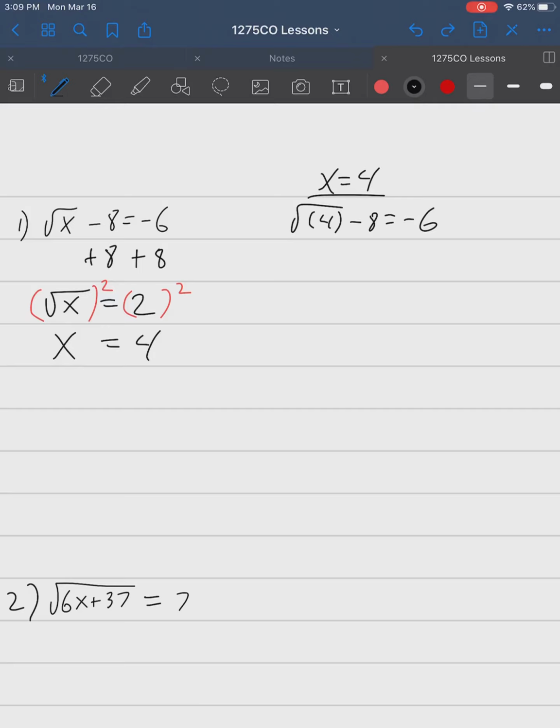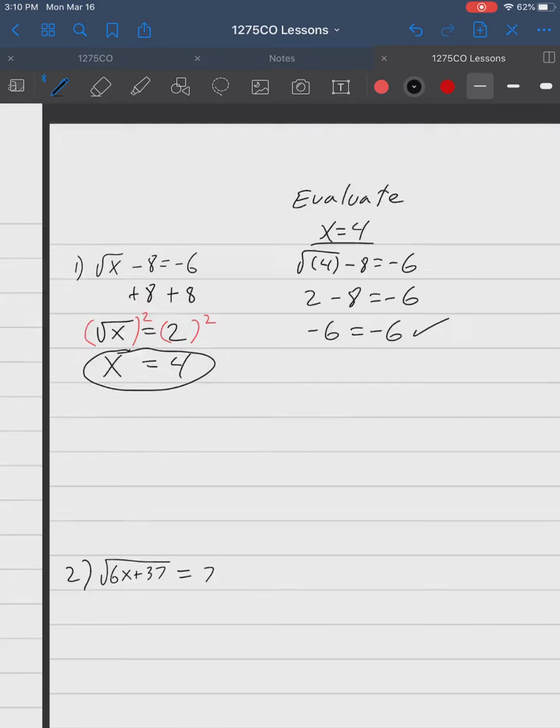And when you check, you're always evaluating. You are not solving an equation. This is not an equation to solve. This is just an evaluation. So the square root of 4 is equal to 2. Minus 8 is equal to negative 6. 2 minus 8 is equal to negative 6. And negative 6 is equal to negative 6, and it works out. And this is our answer.